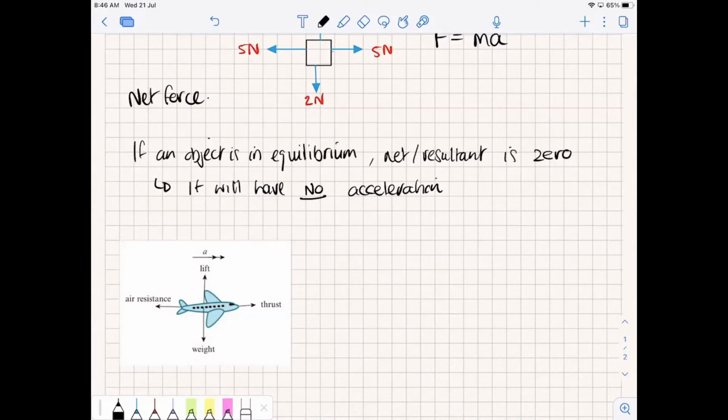When we are dealing with forces, and I'm sure Keanu and Dominic can testify to this, you always draw a diagram to show what forces are being applied on an object, because you might miss out some forces if you're not careful. So whenever we're asked to calculate forces in some direction or acceleration or whatever, the first thing we're always going to draw is some kind of a diagram.